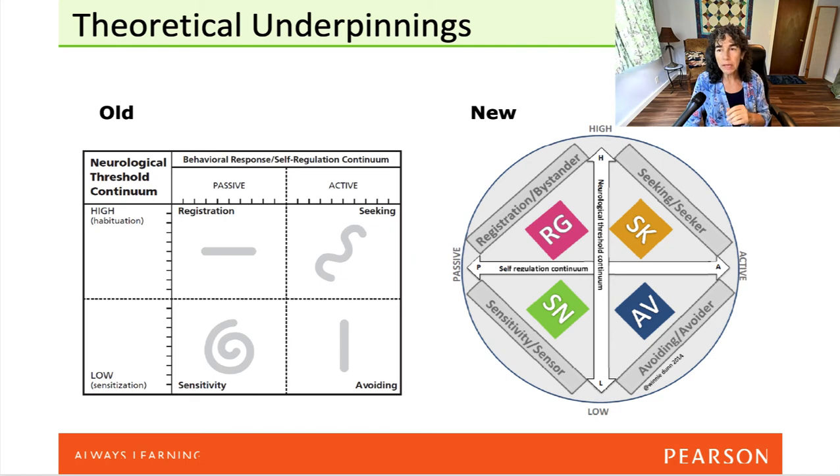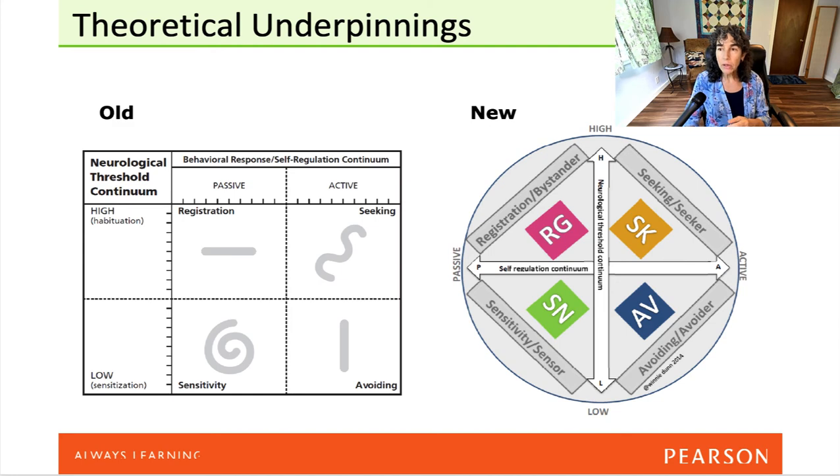This is for the Sensory Profile 2, but it's the same theory that we use for the AASP. So just notice the old, but go to the new. What we have is four quadrants: registration, bystander, RG; seeking, seeker, SK; avoiding, avoider, AV; and sensitivity, sensor, which is the SN.